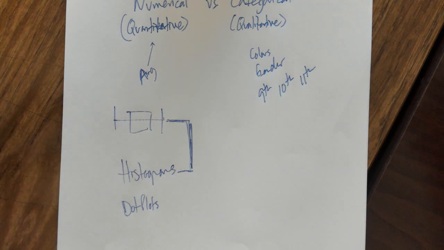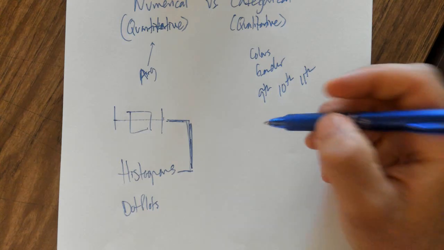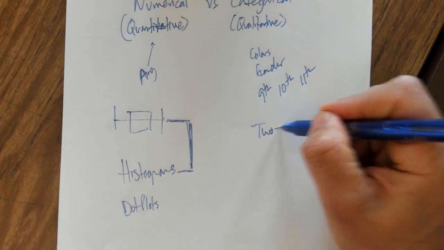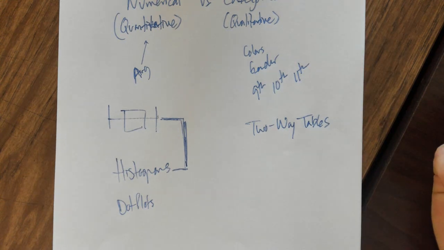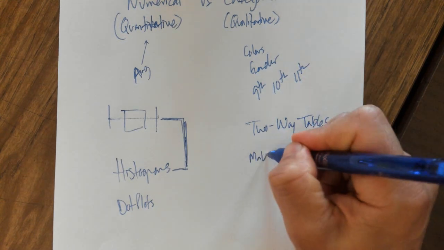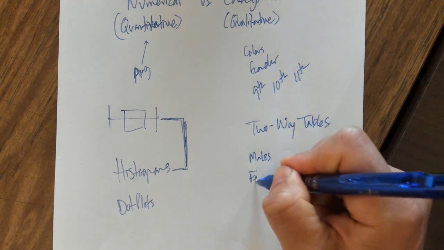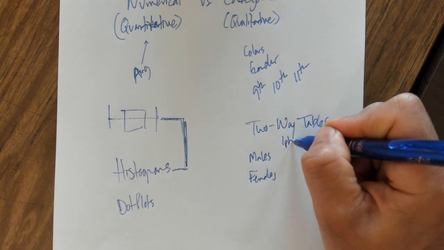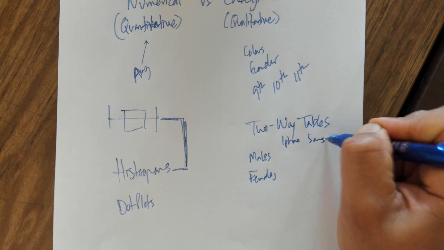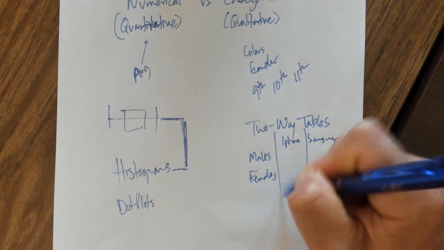Histograms, how to read them with left skewed, right skewed, right? That kind of stuff. And then for categories, we're dealing with two-way tables, which is something like maybe you're comparing males and females and what kind of phone they have, like an iPhone versus a Samsung, right?